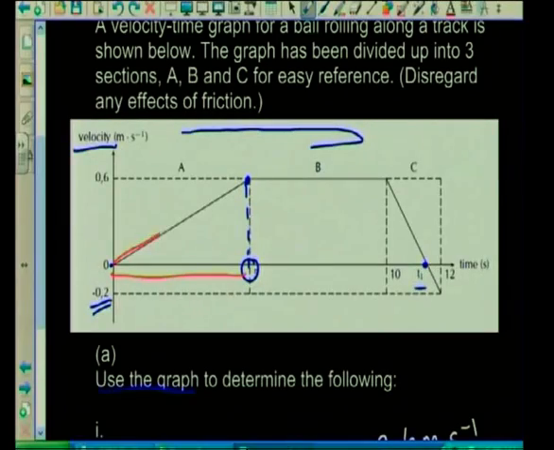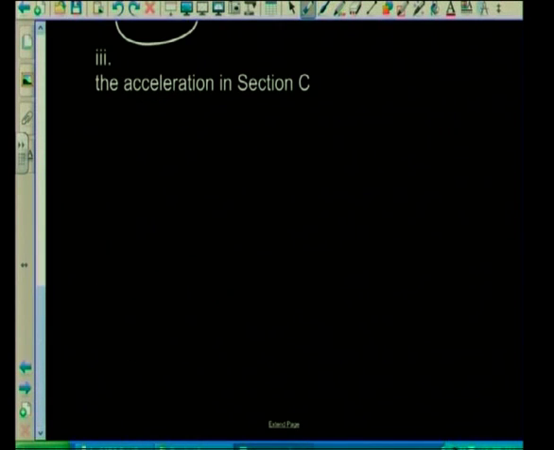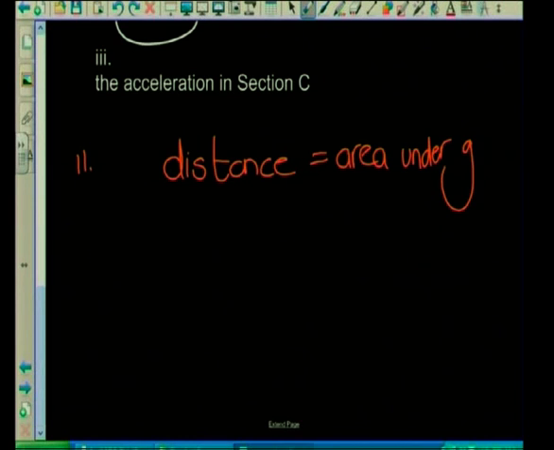So if I'm looking at section A, that's this section here. Oh, look at that, it's a triangle. How do I lay this out though? Very important. So this is question 2. Watch, so important. Distance is equal to the area under the graph.